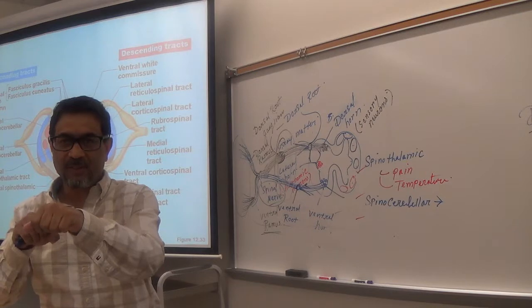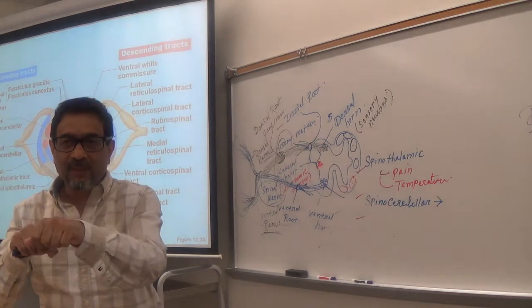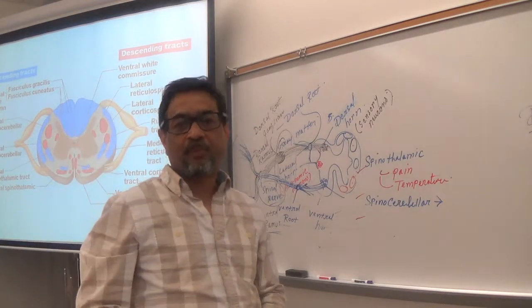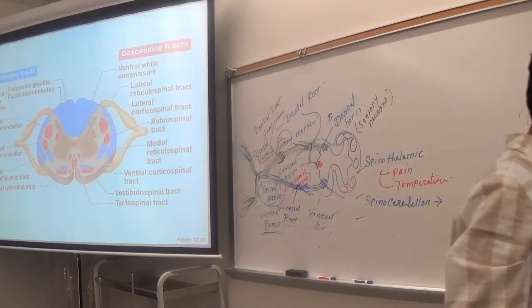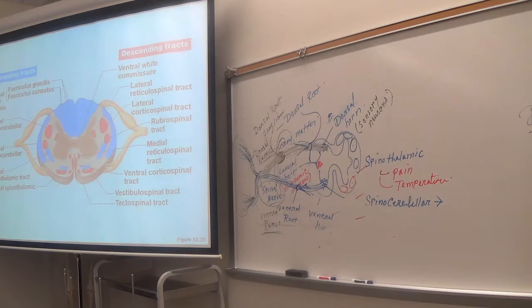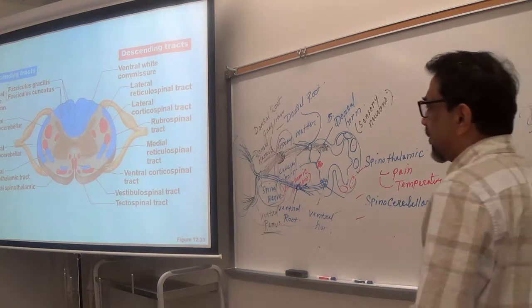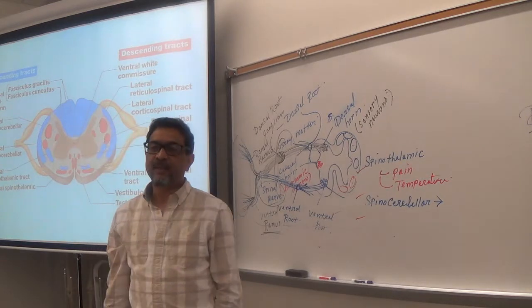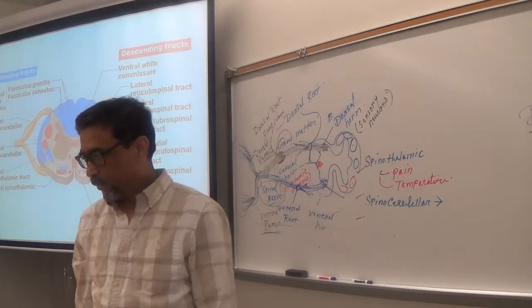If I touch your skin, right, you can feel that, right? If I press, you can feel that, right? Pressure. So touch and pressure signals are carried by fasciculus gracilis and cuneatus. So those are important sensory or ascending tracts shown by blue.